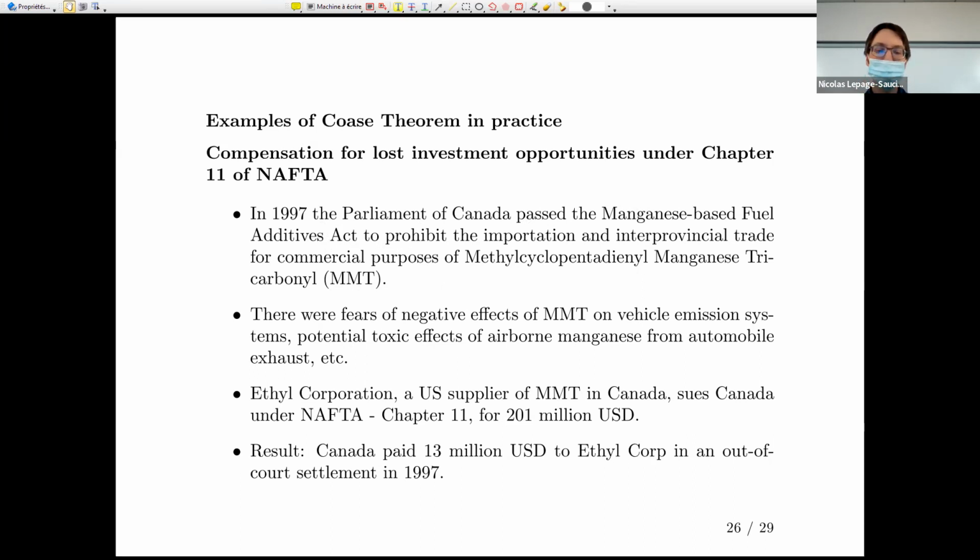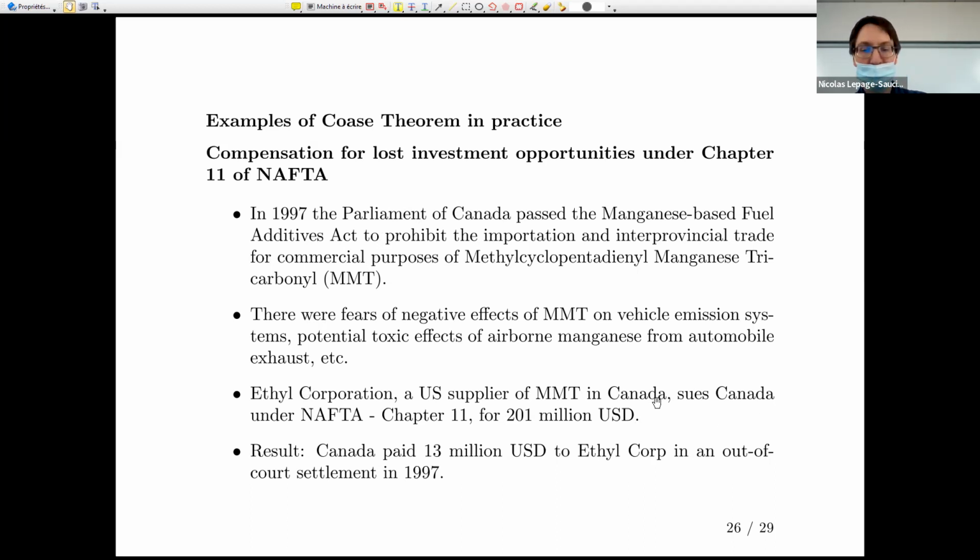But then Ethyl Corp, the company that owned this Canadian subsidiary, said, no, we have property rights there. So if you want to clean the environment, you have to pay us. So then they went to court and they sued the Canadian government.